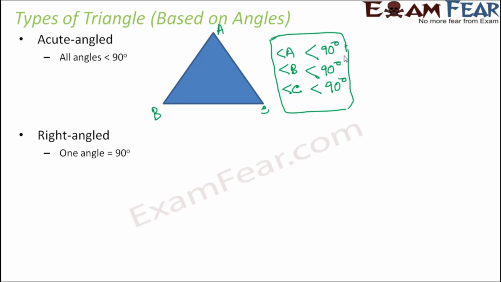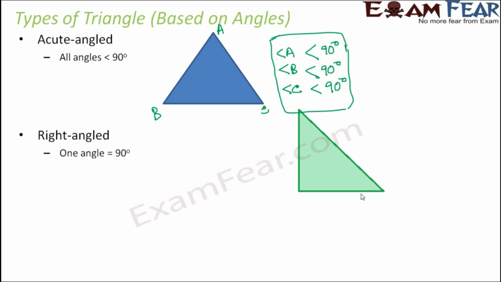Similarly, you might have right-angled triangle where at least one angle is 90 degree. Now, can you ever draw a triangle where more than one angle is 90 degree? No, you cannot draw a triangle like that. You know why? Because there is a property that the sum of the three angles in a triangle is 180 degree.